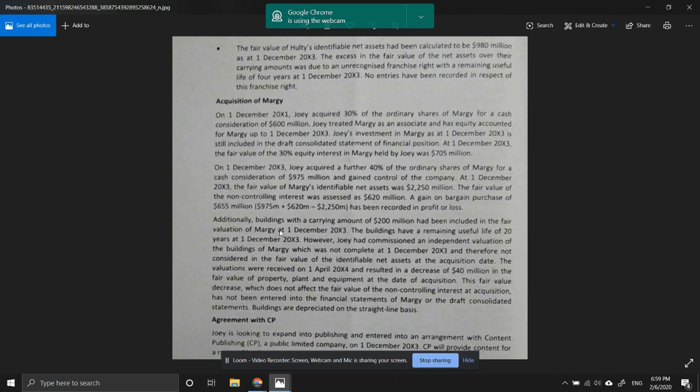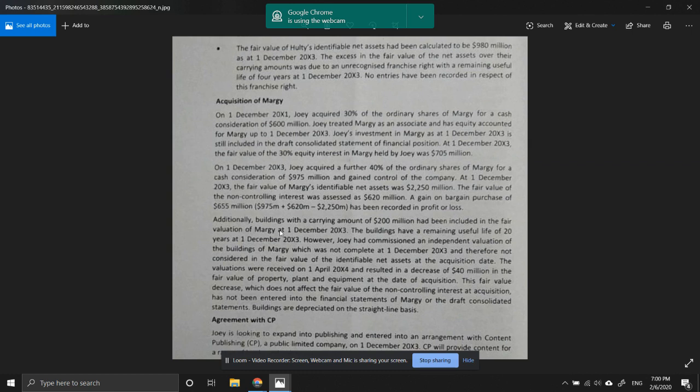So Zoe treated Margie as an associate and equity accounted for Margie up to 1st December 20x3. The investment in Margie as at 1st December 20x3 is still included in the draft consolidated statement of financial position at 31st December 20x3. The fair value of the 30% interest was 705 million.